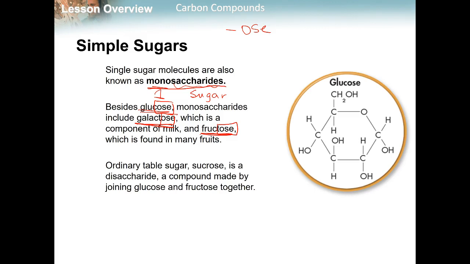So let's take a look at glucose, because remember I said glucose has the chemical formula C6H12O6. Well, guess what? Fructose also has that same chemical formula.